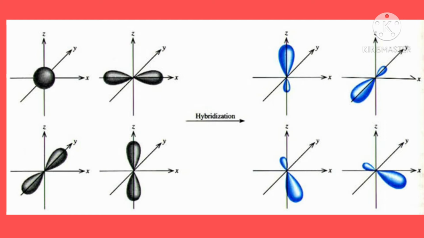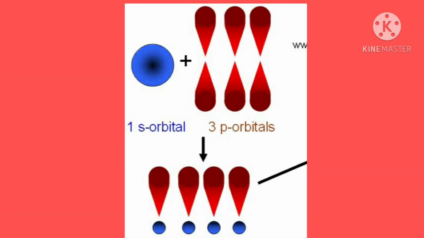The hybridization enables the carbon to have 4 identical sp3 hybrid orbitals, and these have 1 electron each. Since carbon has 4 unpaired electrons, it is capable of forming bonds with 4 other atoms, maybe carbon or atoms of some other monovalent element. Children, monovalent means the elements which have valency one.